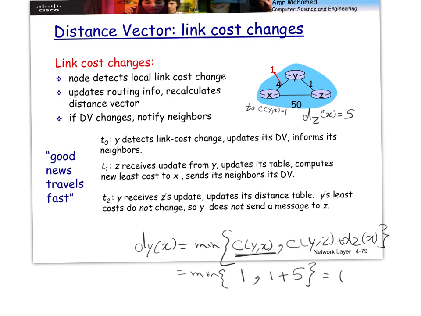Okay. So now Y has a new distance to X. It used to be 4 and now it's 1.